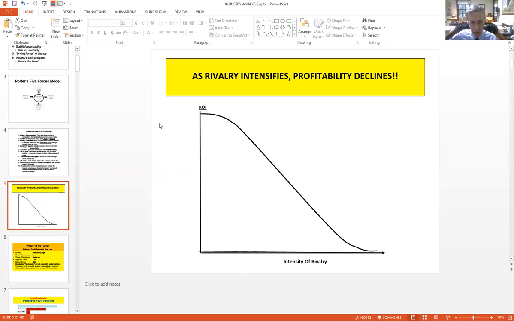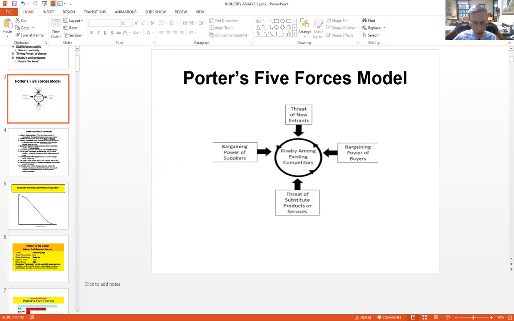And they lined up very neatly. As intensity of rivalry increases, industries' rates of return decrease. So this is the fundamental bedrock of the model. And there are 4 other forces that can modify that bedrock, that basic tendency.